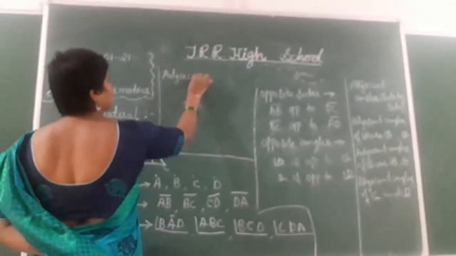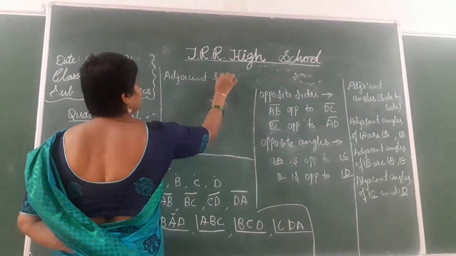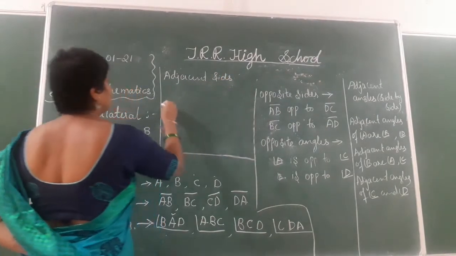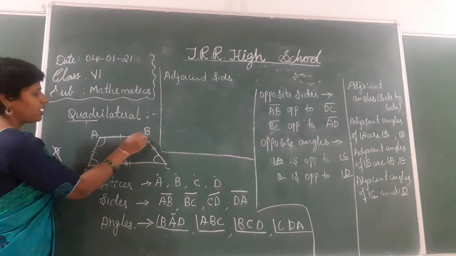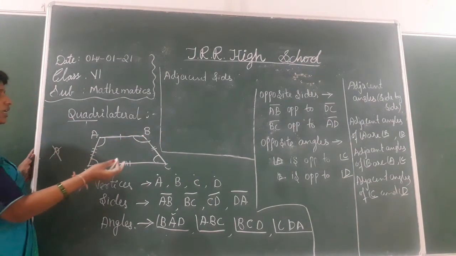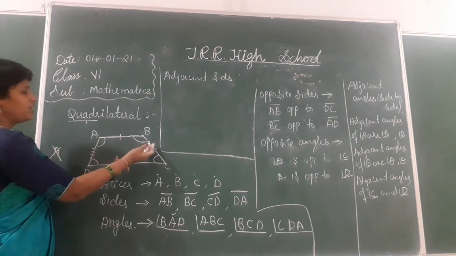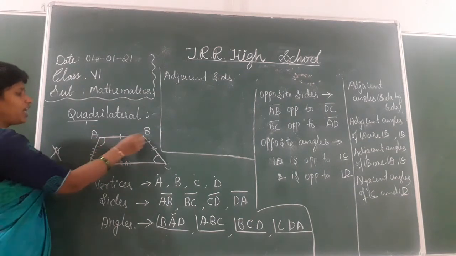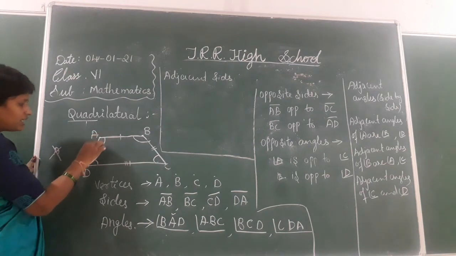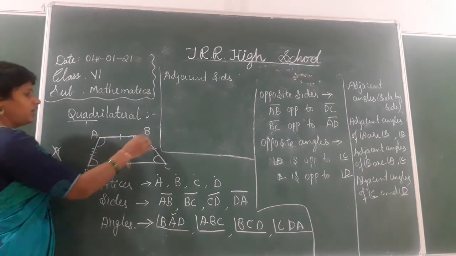Now in the same way, adjacent sides. Suppose AB is there. Same as your angle, the sides which are nearest, or having the same common point. If you take AB, this side is adjacent to AB and this side is adjacent to AB.